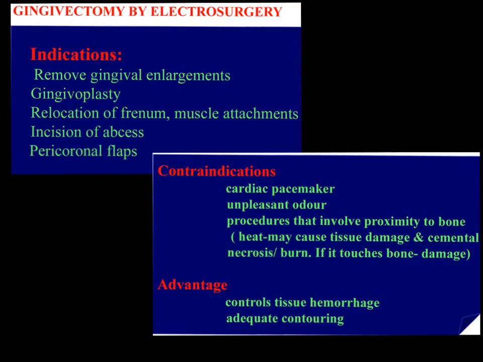While the contraindications of electrosurgery: you can't use the electrosurgical machine in patients with a pacemaker, and it has an unpleasant odor, and in procedures that involve proximity to bone, because heat may cause tissue damage and cemental necrosis. If it touches the bone it will cause bone damage.